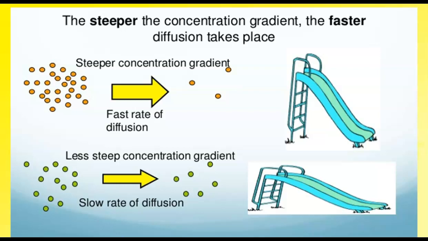So it's like we've got a high concentration of whatever the particles are and a very low concentration, and we know that those particles will diffuse really quickly from the area of high concentration to low concentration. If, however, we don't have very much difference between the concentrations, so here we've got a very flat slide, then the particles will diffuse across more slowly.